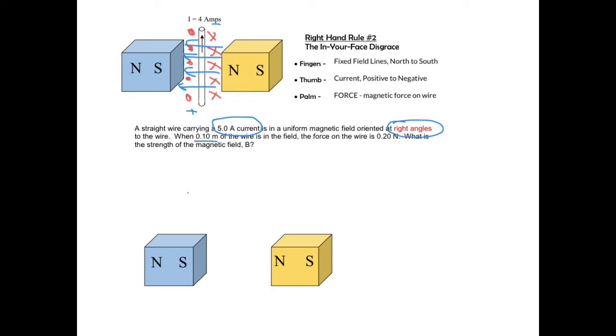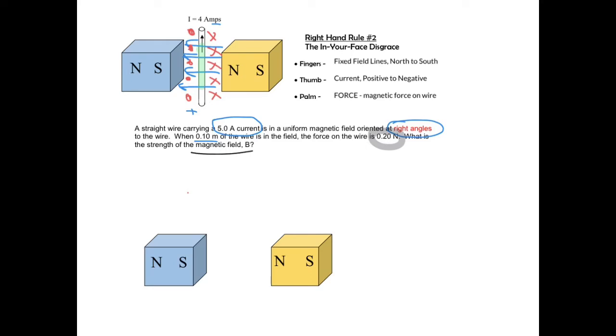It doesn't matter how long the wire is, it only matters how much of the wire, we'll use this green part, just this length of wire, just the amount that's in the field. It could be a mile long, and we're only going to use the length that's in the field to do this. So the force on the wire is 0.2 newtons, so they actually give us the force.